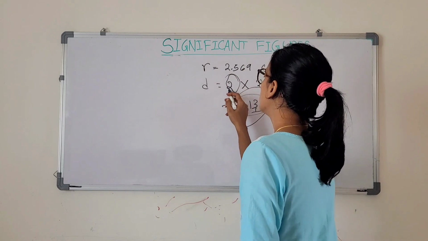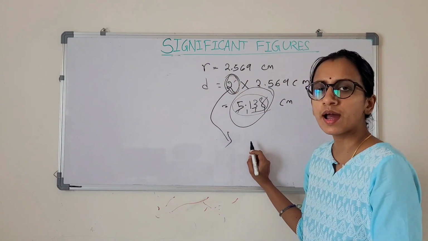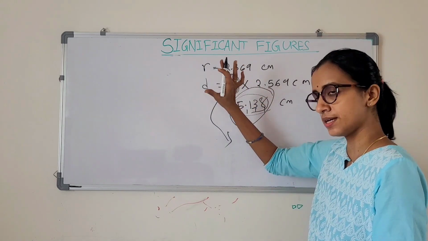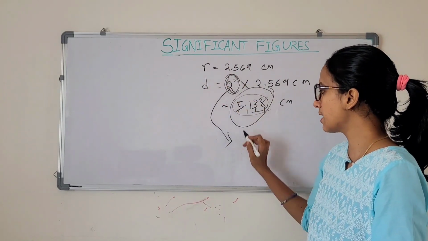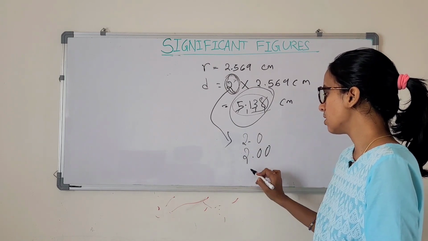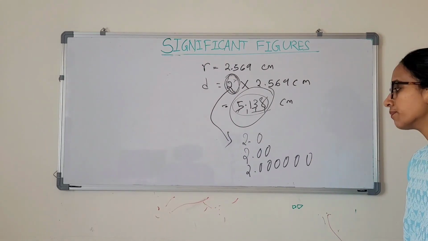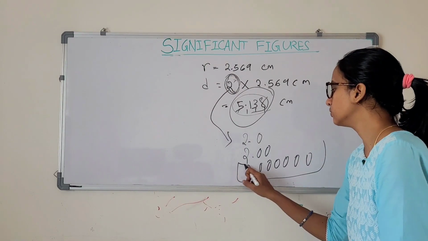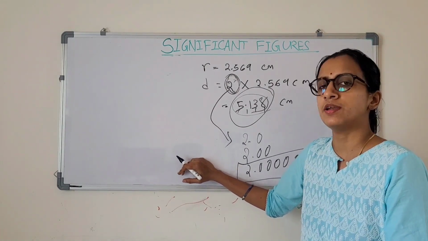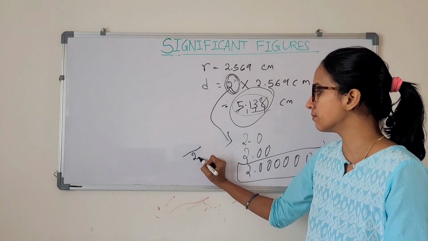But if you are asked how many significant figures are in this 2, you can't say, because this 2 is an exact number. You can write it as 2.0, or 2.00, or also 2.000000. So for exact values, the number of significant digits is infinite.